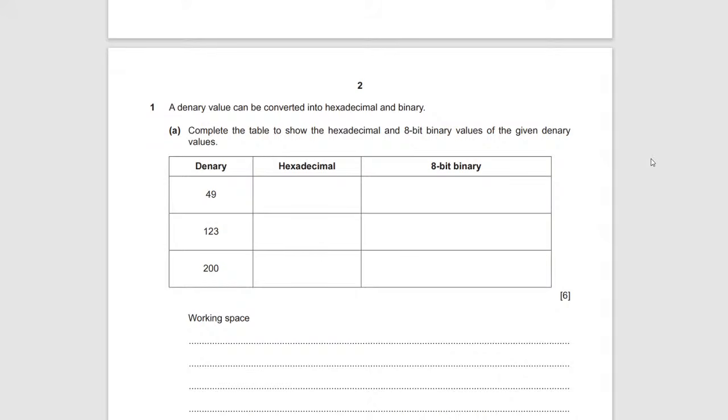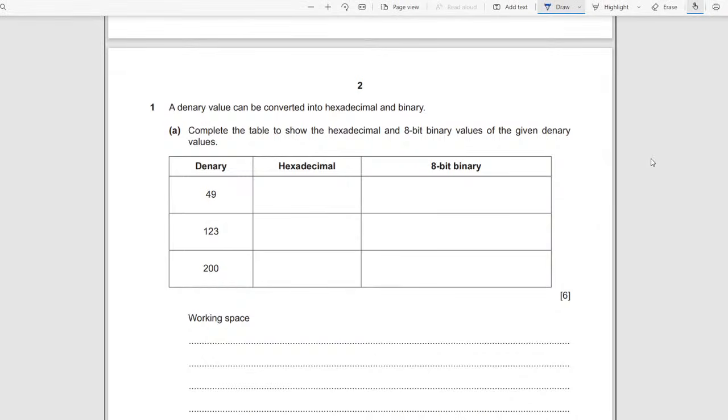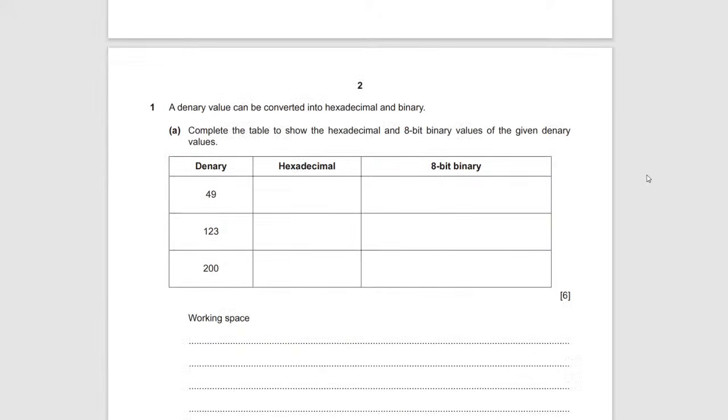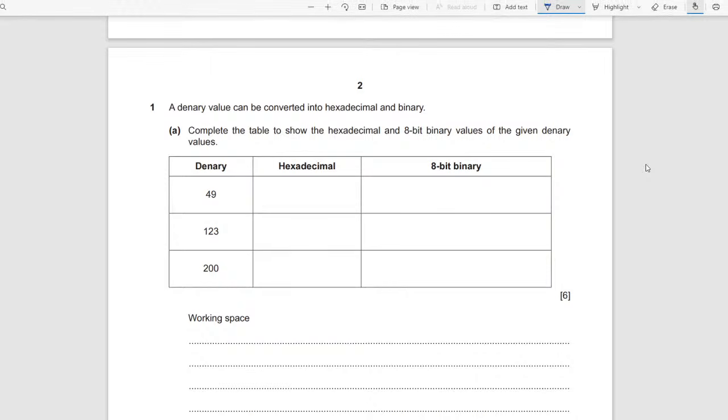It's always usually this, right? So, converting denary to hexadecimal.